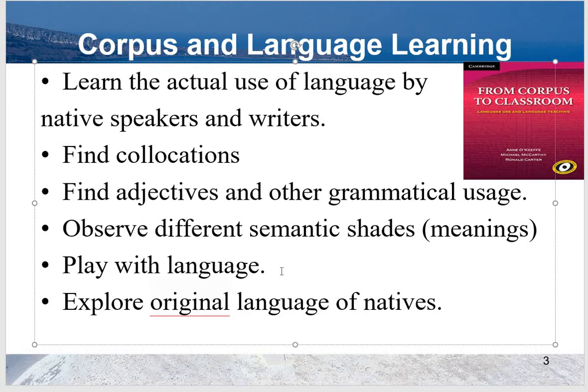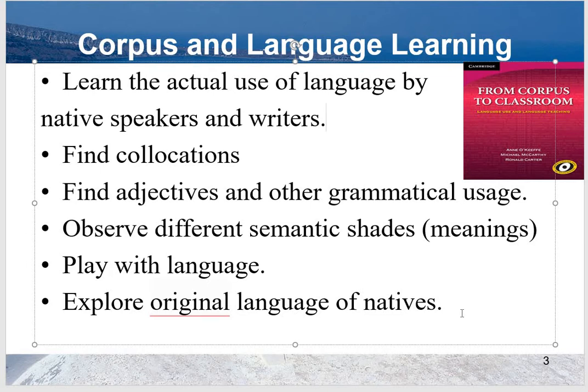In the international community, they give access of the corpus to the learners, and learners start playing with those corpora, and in this way they learn according to their own interest, and they explore linguistic items by themselves, explore original language of natives.